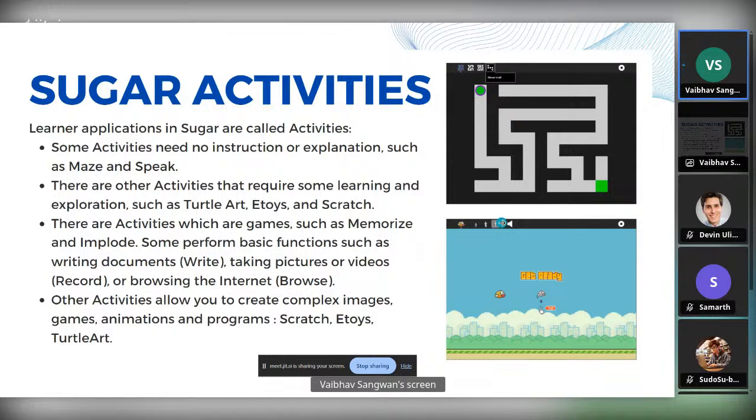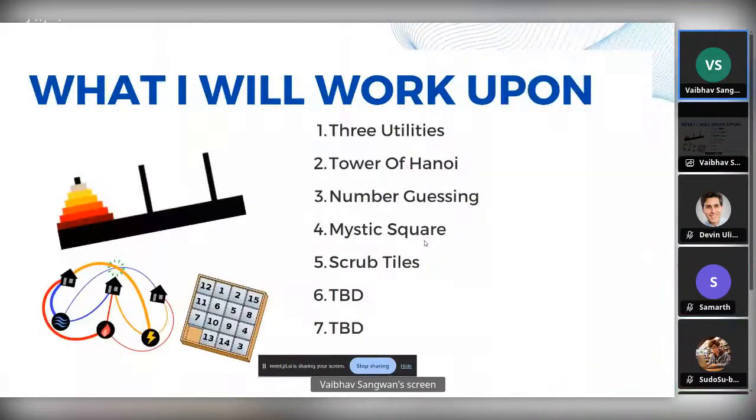On the bottom right, you can see an image of the Flappy activity, which is a clone of a classic mobile video game called Flappy Bird. Moreover, there are other activities that let you create complex images, games, animations, and programs, such as Scratch, eToys, and Turtle Art. So what will I be working upon over these 3 months?